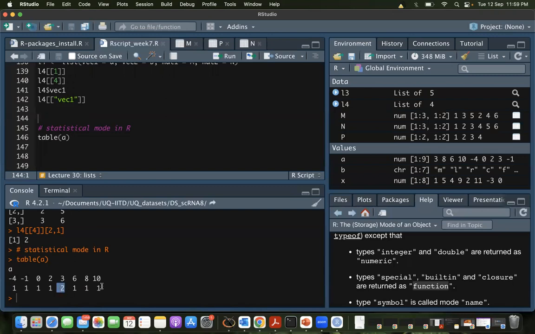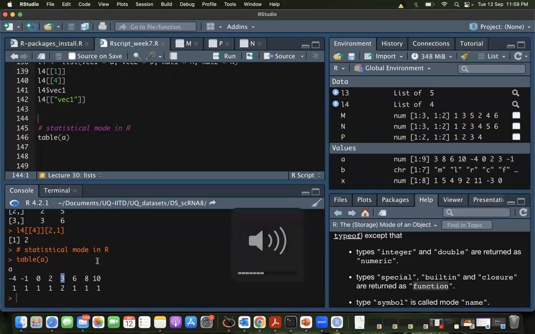Why did I say number 2? Because it's the maximum of this list. So I take the max, and then I see the corresponding number here, and that number is my output. So I broke it down into 2, 3 steps, and I somehow need to write all those steps in R as R commands.